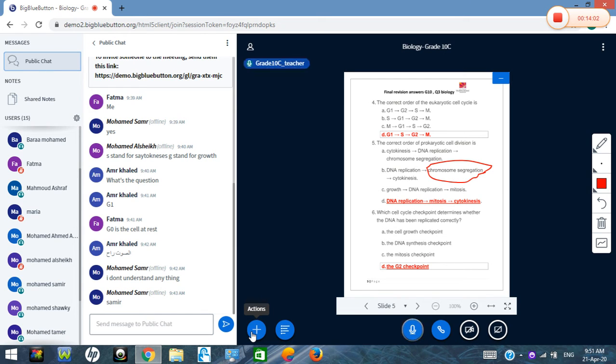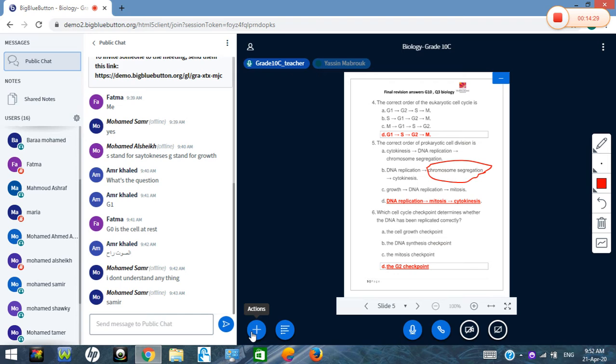The spindle fibers attach the chromosomes from the midpoint, which is the centromere. Okay, guys? Each chromosome is attached by a spindle fiber at the middle, from the centromere.